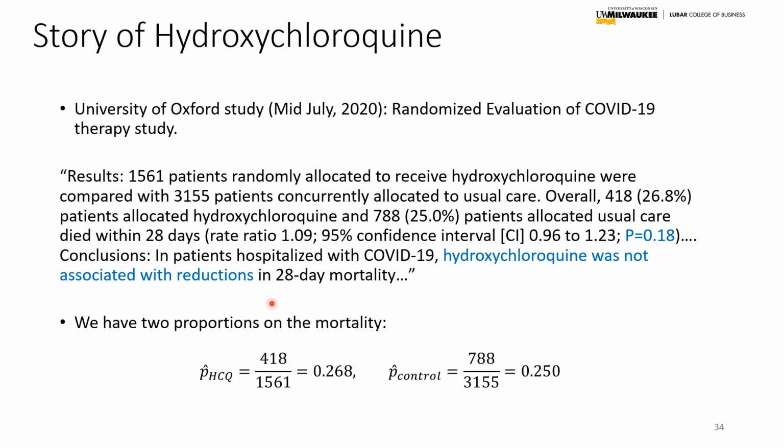Of those, 418 of the hydroxychloroquine group died. 788 that did not receive hydroxychloroquine died. The proportions of 0.268 versus 0.250. And the study reports a p-value comparing these proportions of 0.18, which is not significant at the 5% level, and thus they conclude hydroxychloroquine was not associated with reductions in mortality.